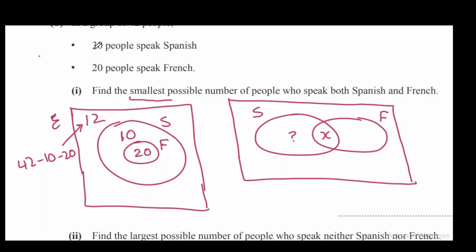So you are observing 30 speak Spanish. The full circle is 30 here. The full circle contains question mark and X. So question mark plus X equals 30.